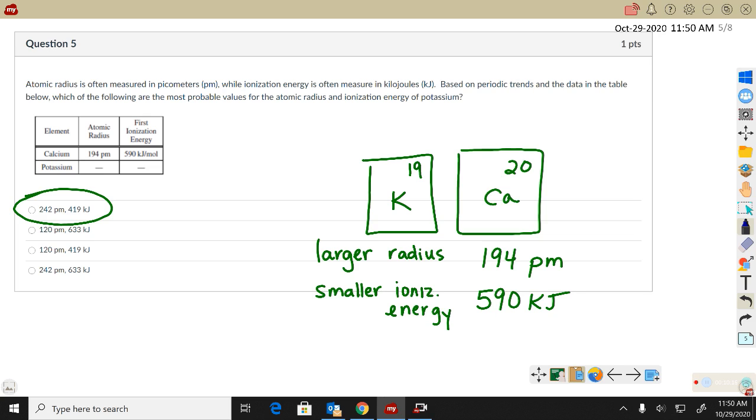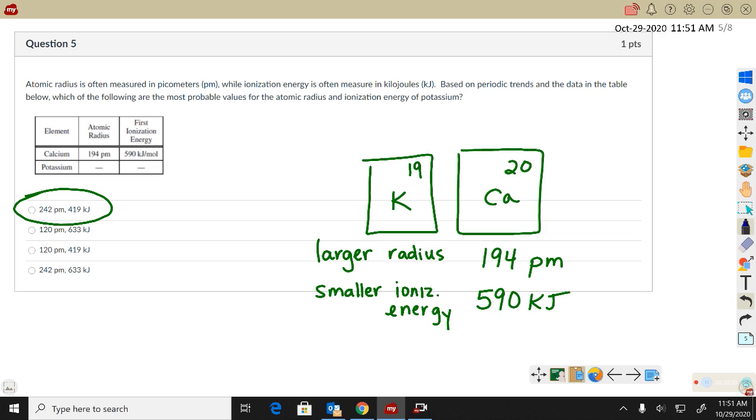Okay, so they give me a measurement for the radius of calcium in units of picometers, teeny tiny fractions of a meter. And they give me a measurement of ionization energy in units of kilojoules. So that's just a common unit of energy. I just want to think about the trends between calcium and potassium.